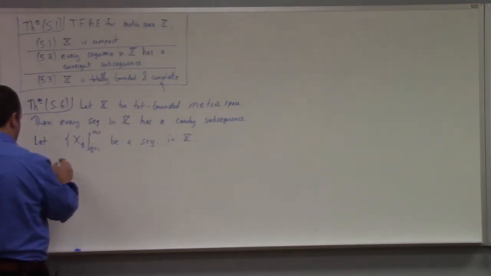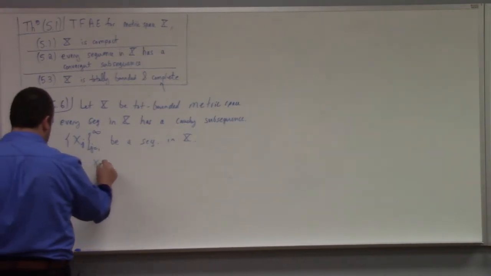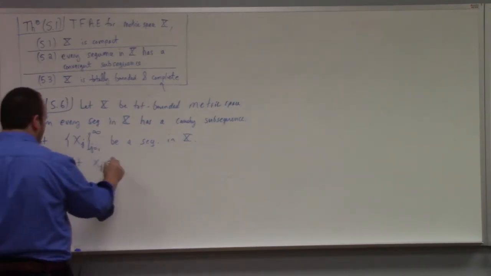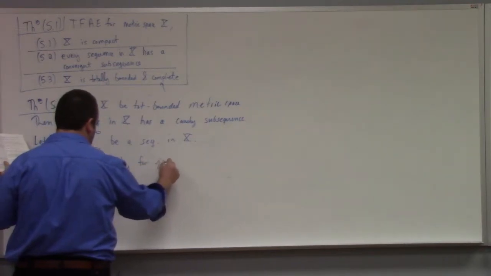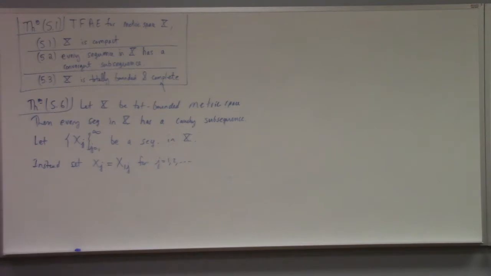So he says, okay, well, instead, set x sub j equal to x sub 1j, j equals 1, 2, and so on. All right, so you just put a little label on there, right?